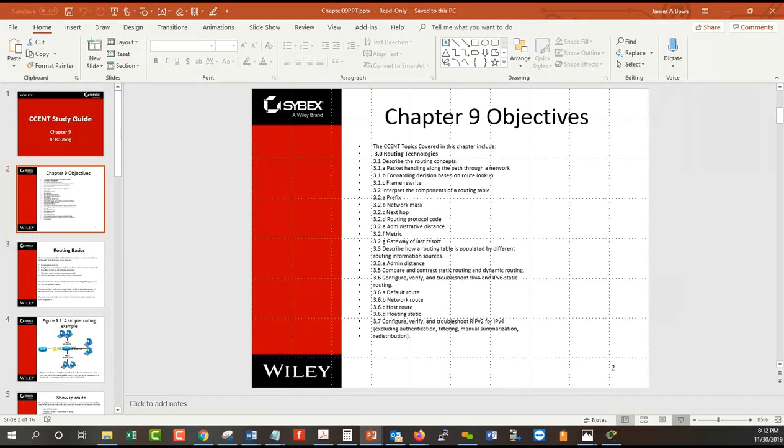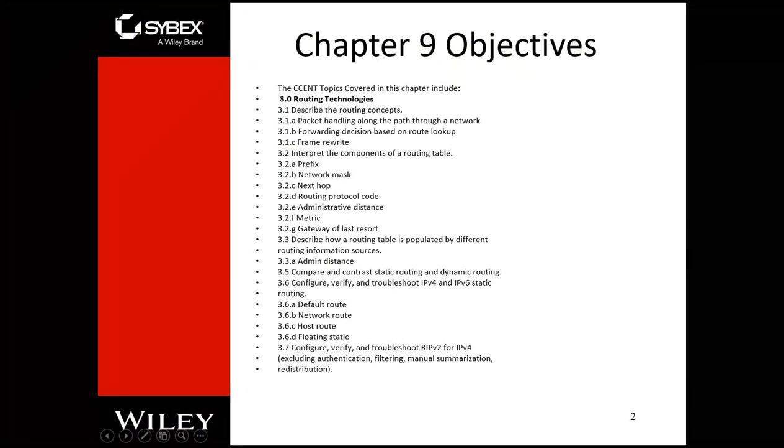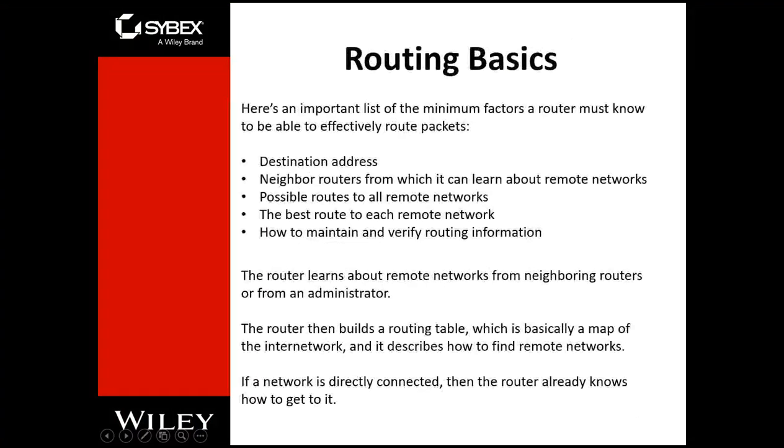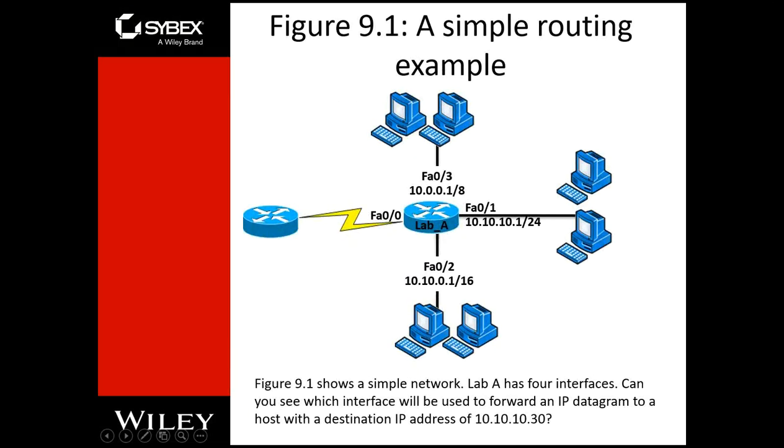Let's blow this up so you can see it a little better. All right, so there are our objectives: basic routing, a destination address, network neighbor routes, possible routes to all networks, the best route to each remote network, and how to maintain and verify routing information.